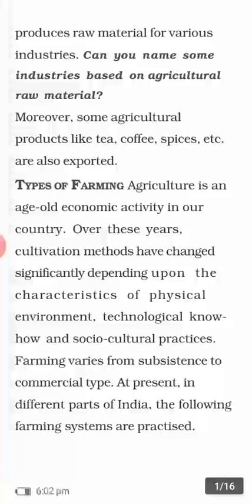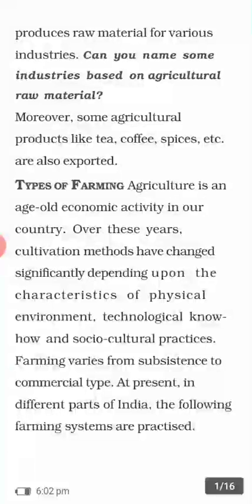The technological innovations and the changes in the environment have very much influenced the socio-cultural practices and also the practices of farming. So farming varies in different types.